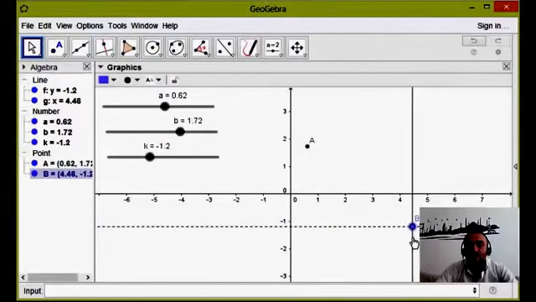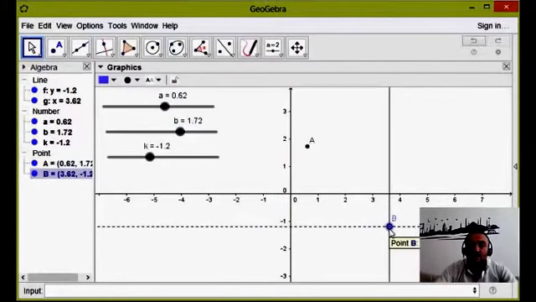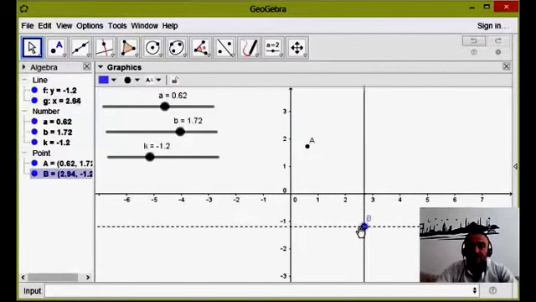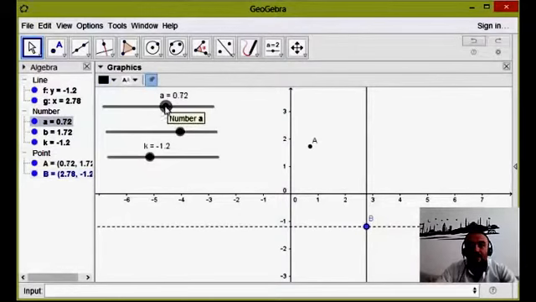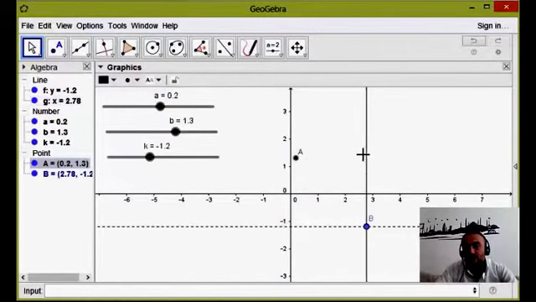Why did I create this perpendicular line? Because my candidate point which creates the parabola will be somewhere on this line, because the distance is the perpendicular distance, and my point will be somewhere here.